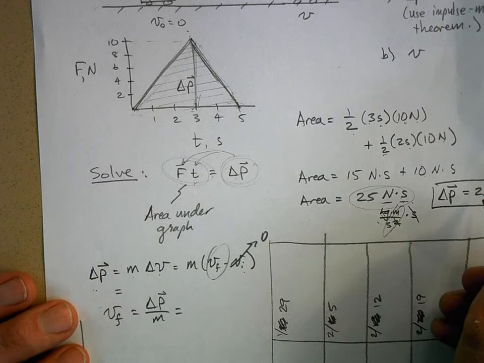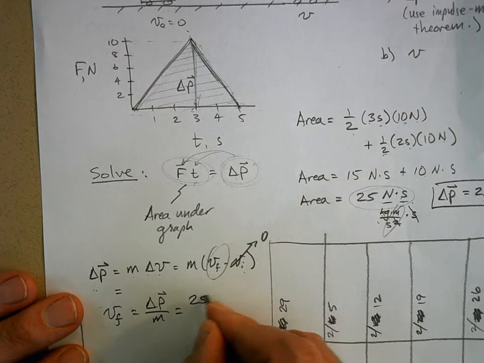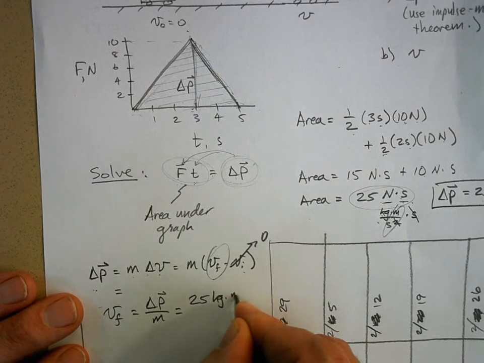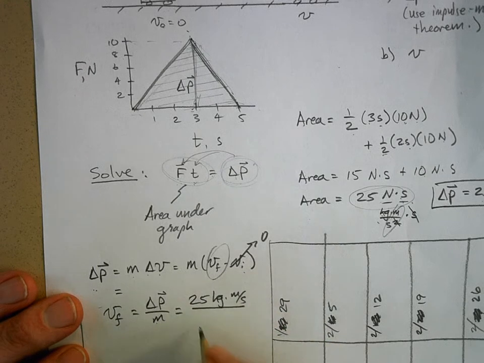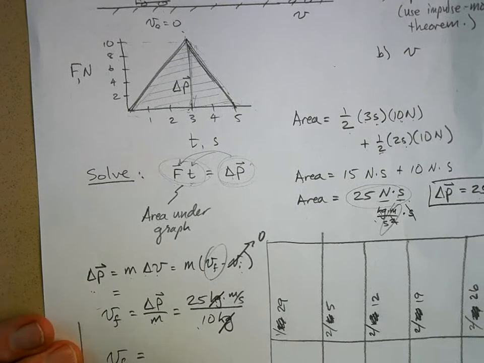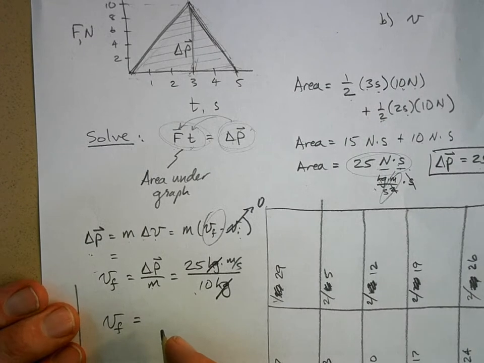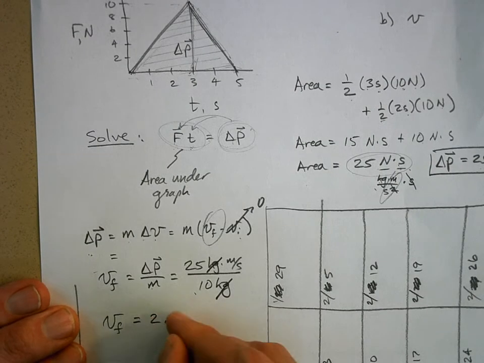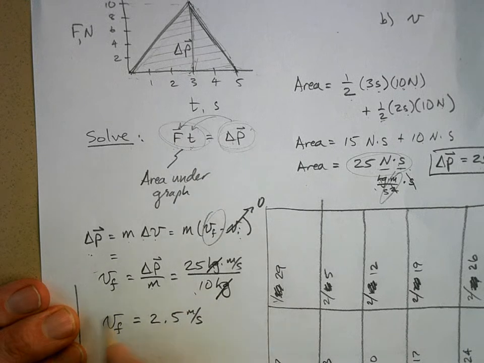That change in momentum is 25 kilogram meters per second divided by the mass, which is 10 kilograms. So the final velocity is going to be 2.5 meters per second.